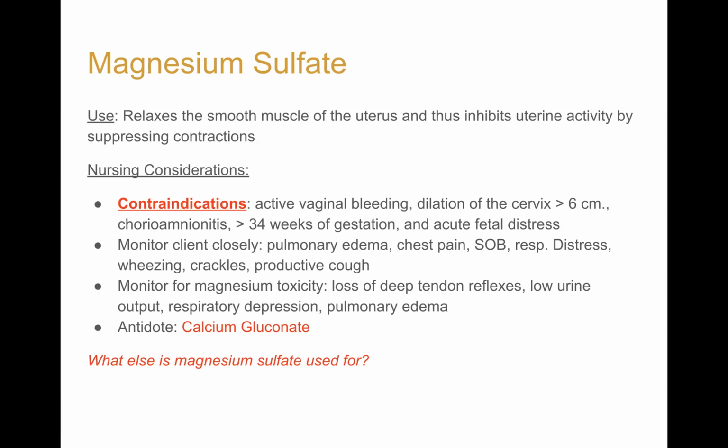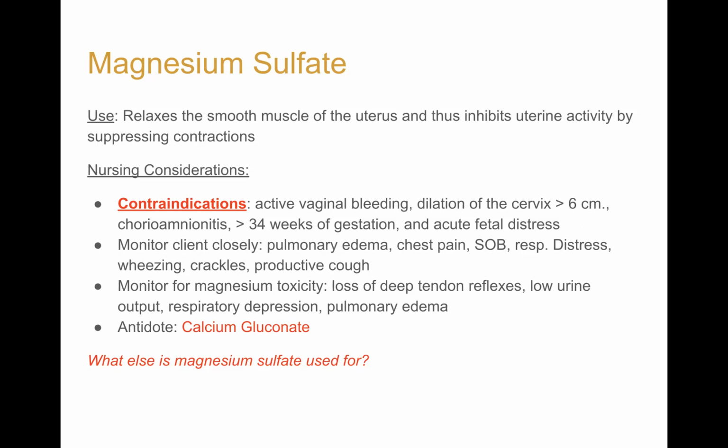And if you're iffy on your neuro assessments, go back and really make sure you have a good understanding of your neuro assessment when you have a woman on MAG. It's contraindicated with active bleeding, dilation greater than 6 centimeters, greater than 34 weeks gestation, acute fetal distress. You want to, again, monitor closely for pulmonary edema, so your respiratory assessment should be astute.